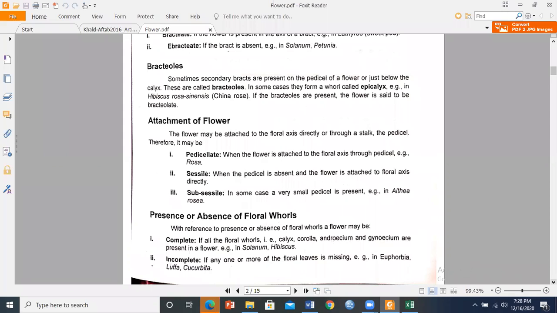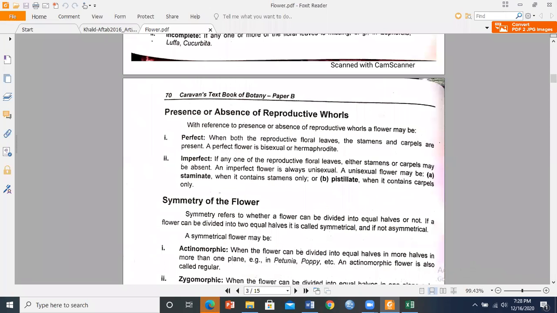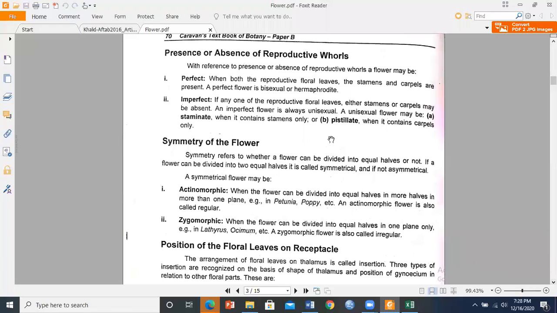If we are considering all the whorls without any distinction of sex, then it is called complete and incomplete. But if we consider the reproductive parts of the flower, then on the basis of the reproductive parts, the flower may be called perfect and imperfect.